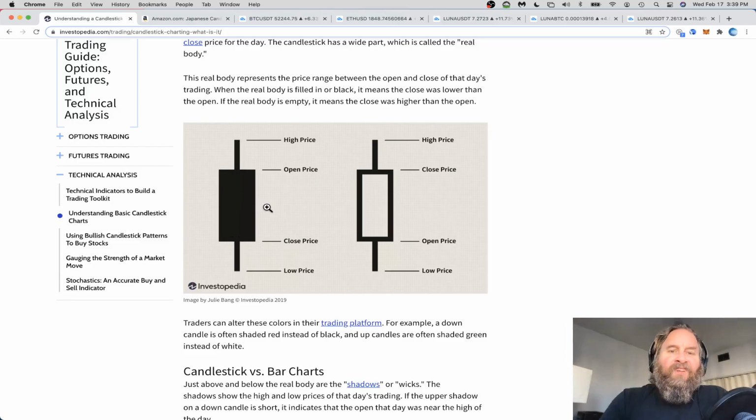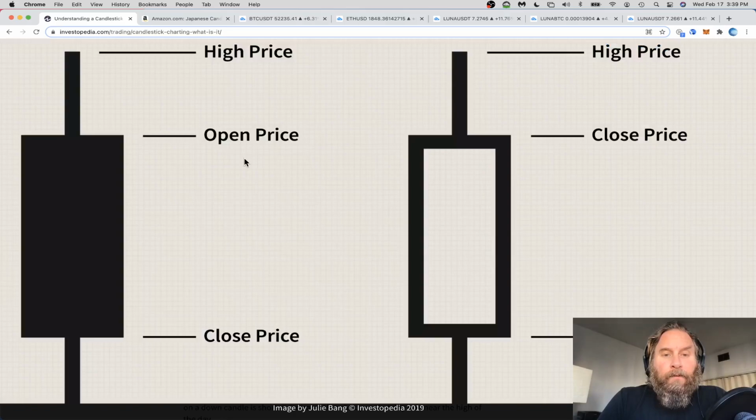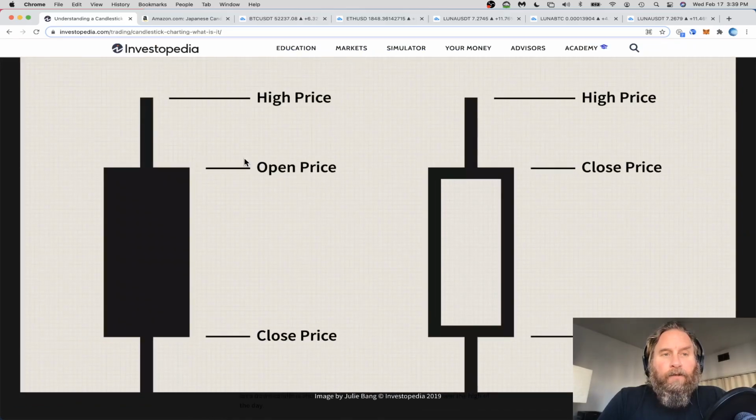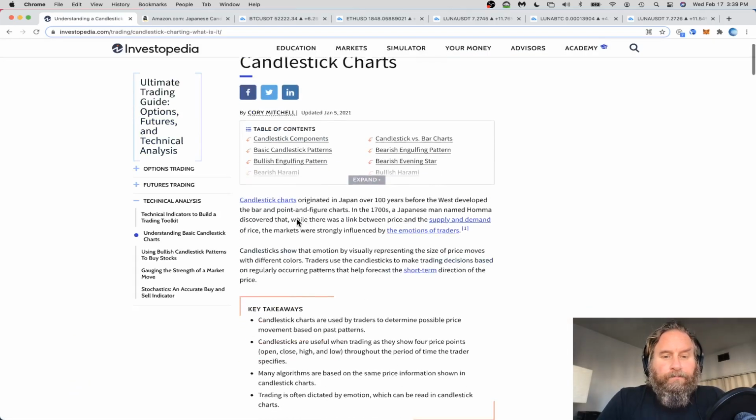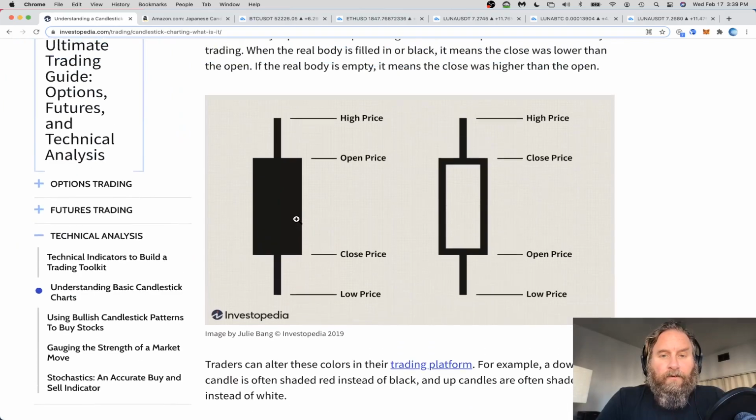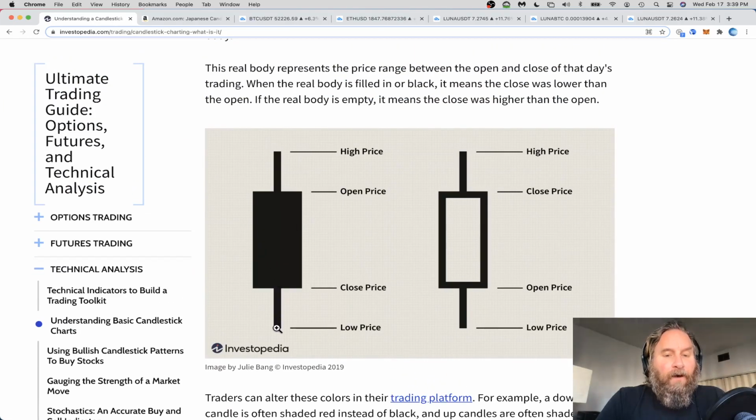All right. So if we were looking at a weekly chart right now, and we were looking at this one specific candle, we can say that the price opened here, and during the course of the week, it ranged between the top of the wick and the bottom of the tail.